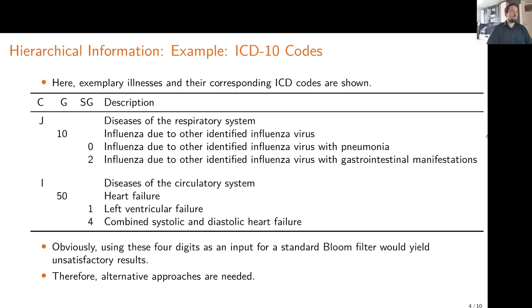The second, the groups are 2 parts. They matter a lot, of course, but the subgroups themselves, the last positions, they are not that different anymore. They are very close to each other, so they don't matter that much. Of course, using these 4 digits as an input for a Bloom filter would make them lose every information that they have.